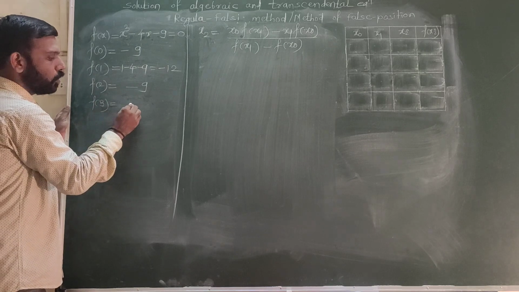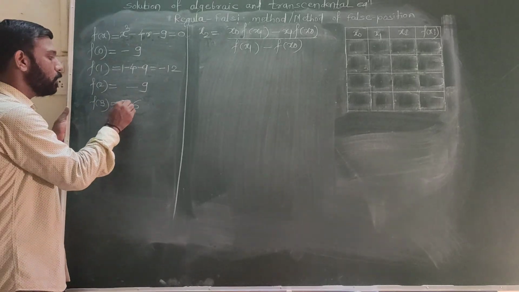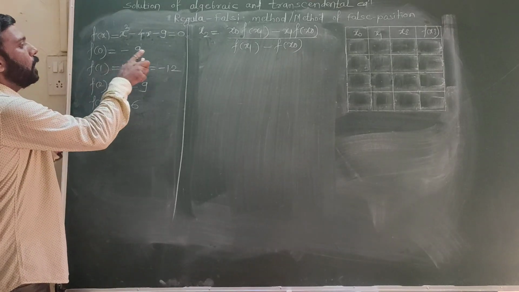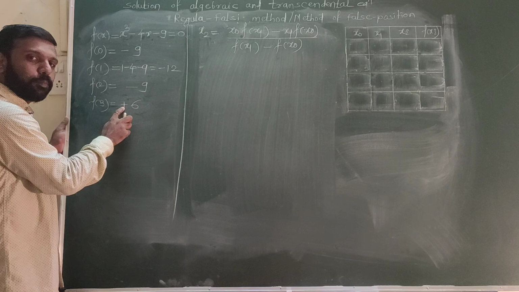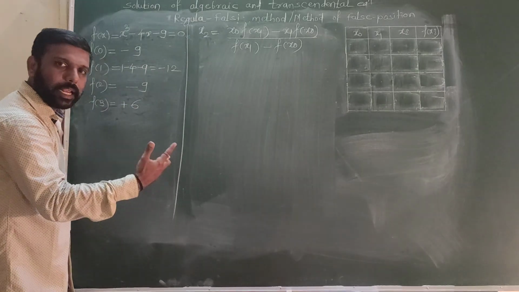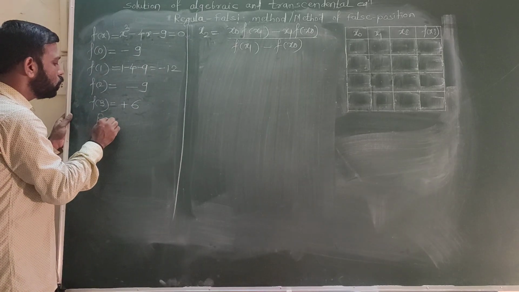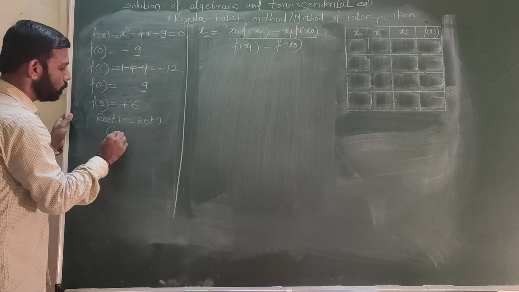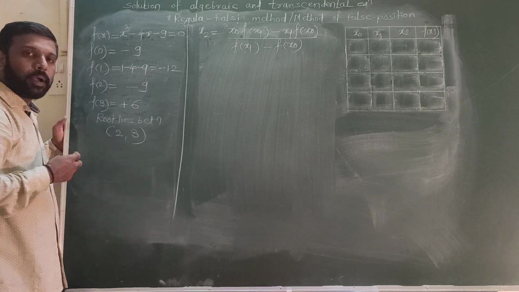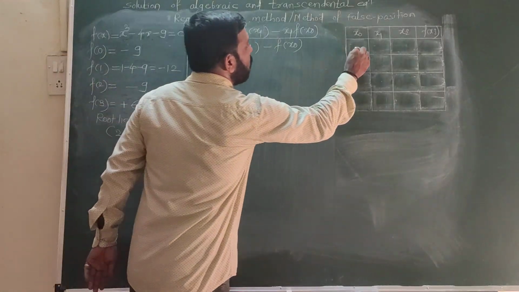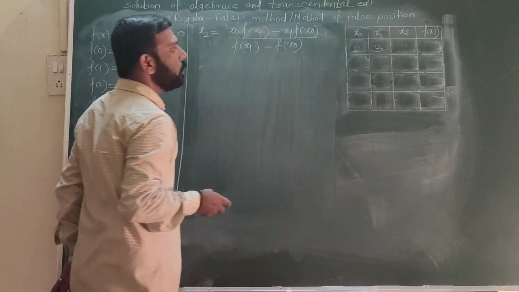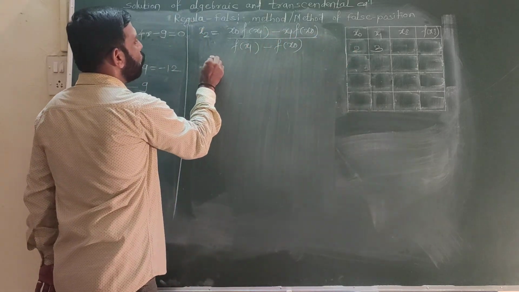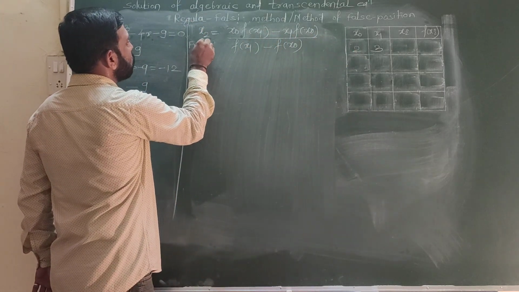If we substitute 3, that gives us plus 6. Now minus, minus, minus, now it becomes plus. When it changes its sign, we conclude that the root lies between 2 and 3. So mention here in the table 2, 3. These two values we require for the first approximation.